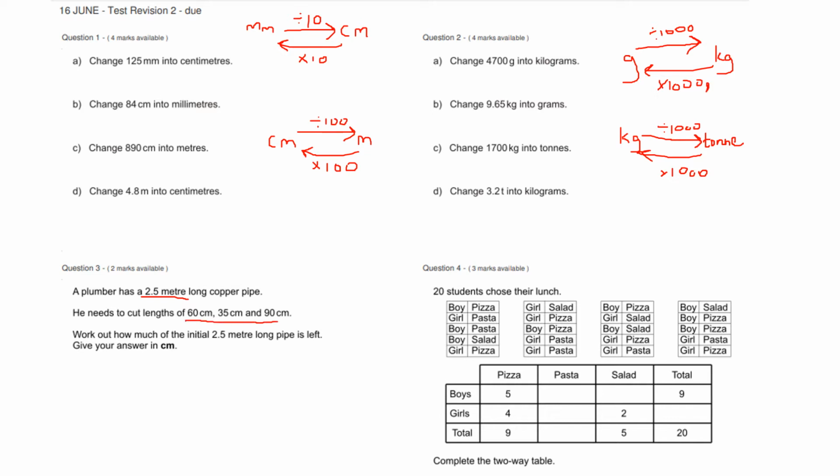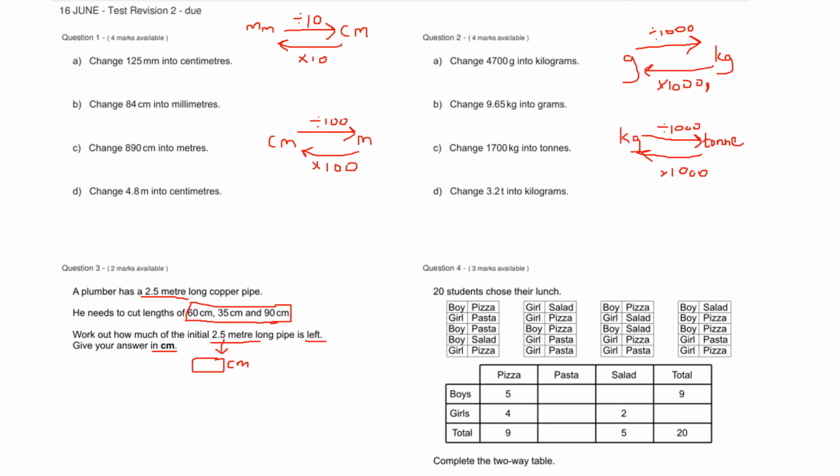So all you need to do, because they want the answer in centimeters, is first of all convert how much pipe he's got, so the 2.5 meters, convert that into centimeters and write it down, and then you can subtract off all of the bits he uses to see what he's got left at the end. So those are the 3 questions on converting metric units.